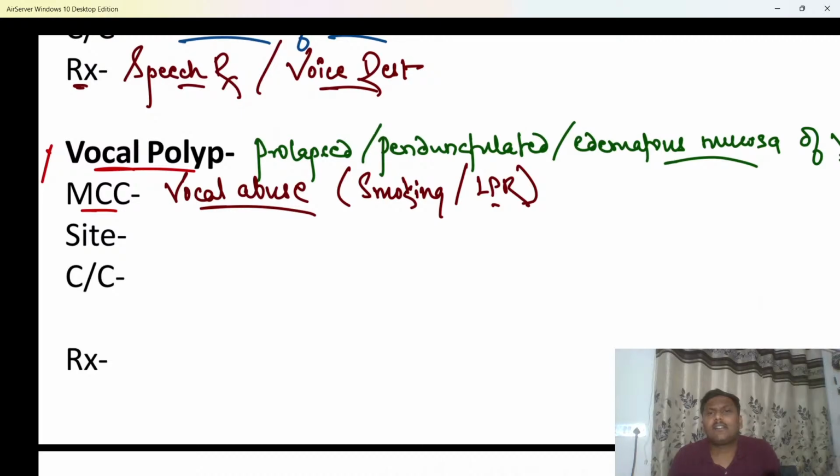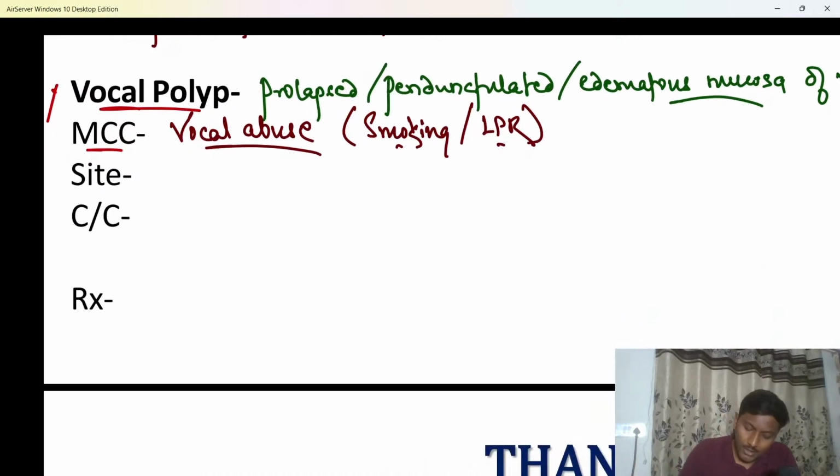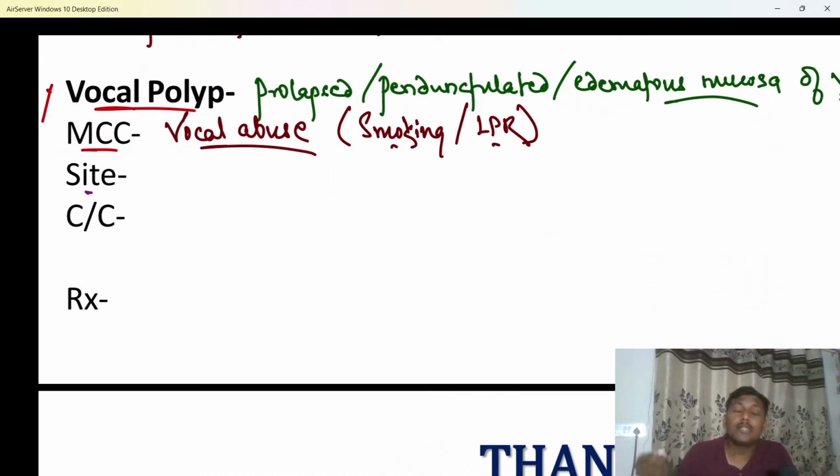Because obviously that acid or smoking acts as a damaging factor to the vocal cord, and if vocal cord is damaged, it will try to protect itself with inflammation, and जब inflammation होगा, one of the important signs of inflammation is edema, and when there will be too much of edema, that will lead to formation of a polyp. Got it? Site, as I told you, it is the same, that is junction of anterior 1/3 and the posterior 2/3 of vocal cord. So you can just write the site is same as nodules, bache.